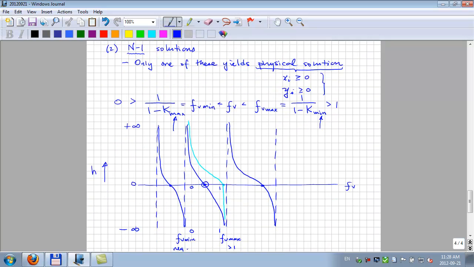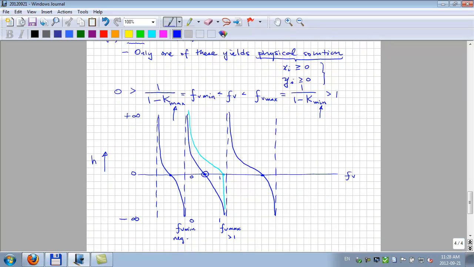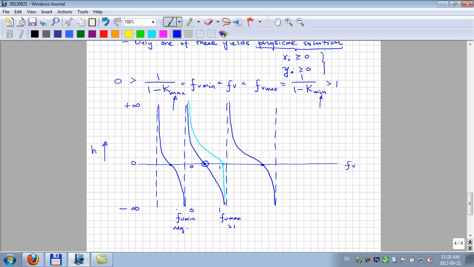How is it possible? Oh, how do you get a solution there? Well, if you pick this solution, then the sum will be 0. But this value of f of v might be minus 6. When you put that into equations, one or more of the mole fractions will be negative. So for this solution and for this solution, you get negative mole fractions, xi, yi.